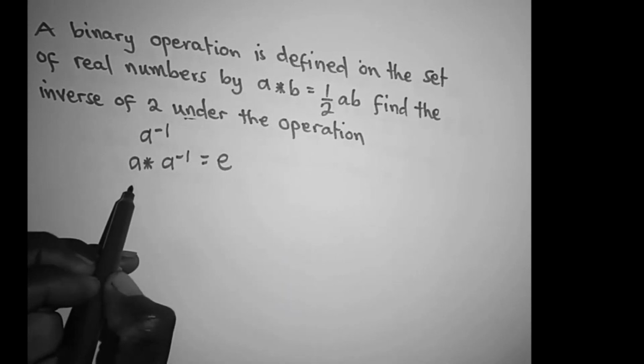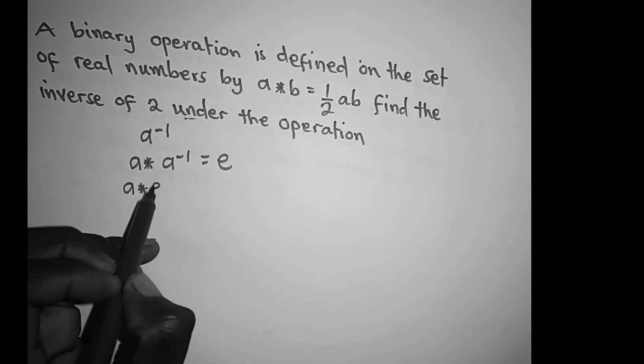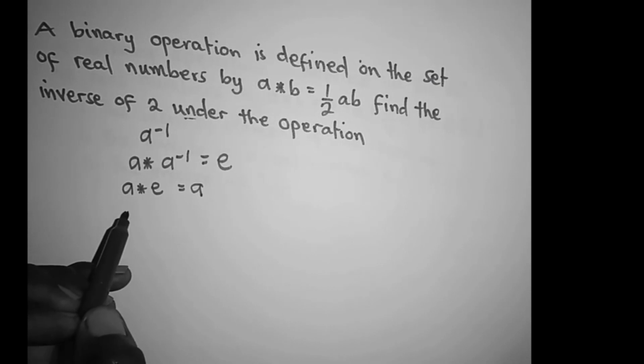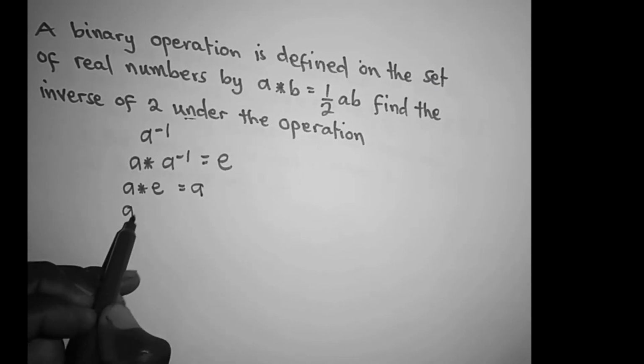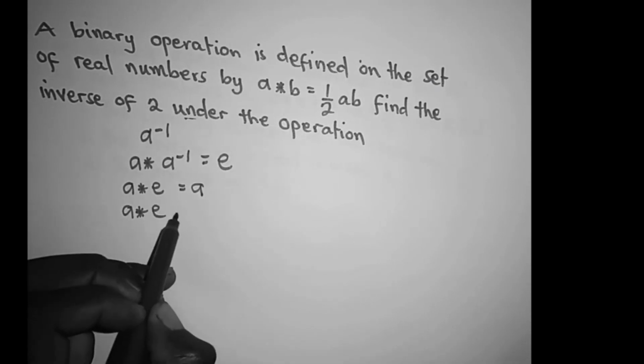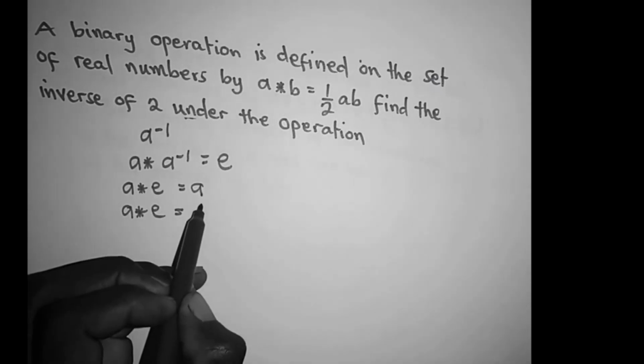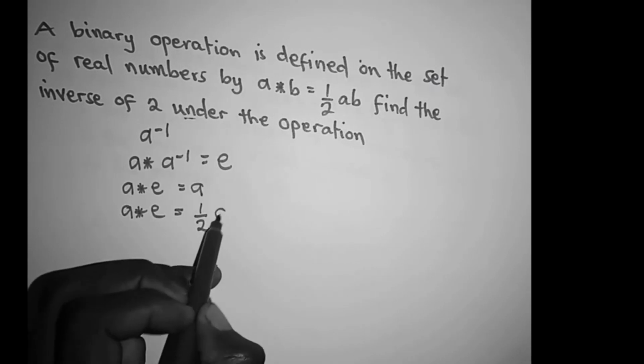But we know that A operation the identity element is A. So let's find A operation the identity element. A operation E equals half AE.